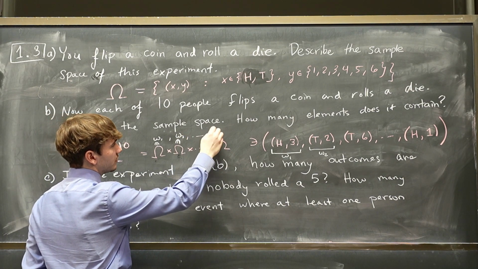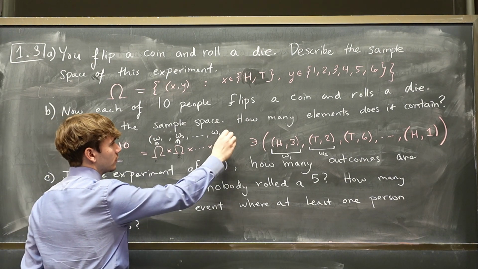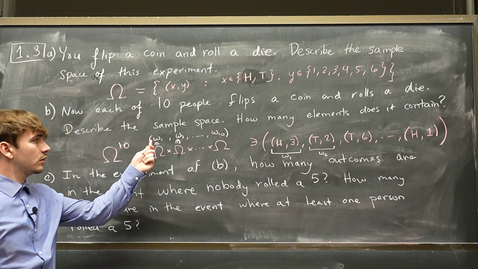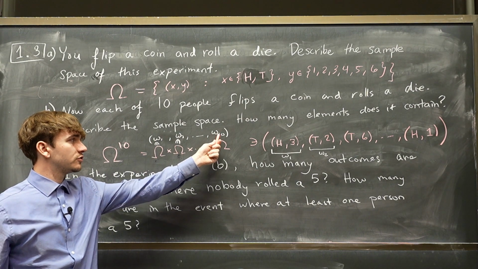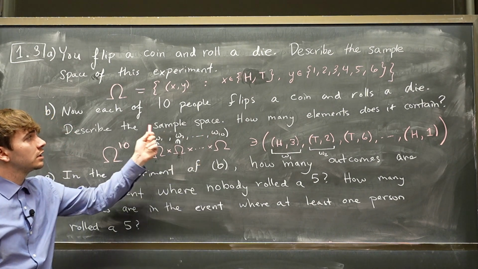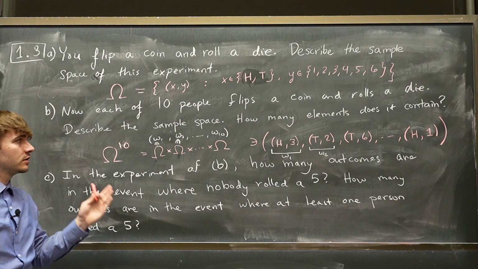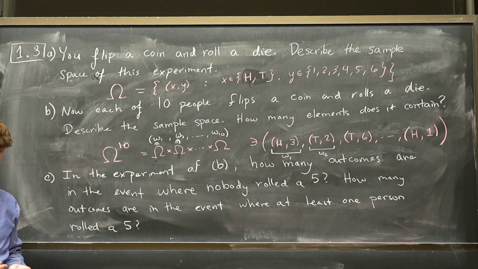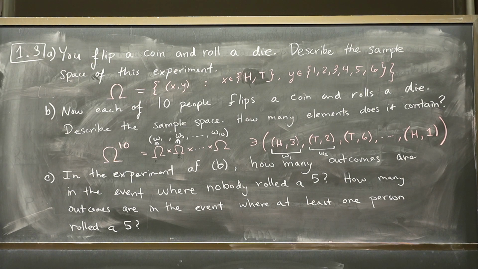And so I end up with a coordinate, not pair, but a coordinate tuple consisting of the outcomes of each person conducting the experiment. Okay? So this is one correct way to describe the sample space. Okay?